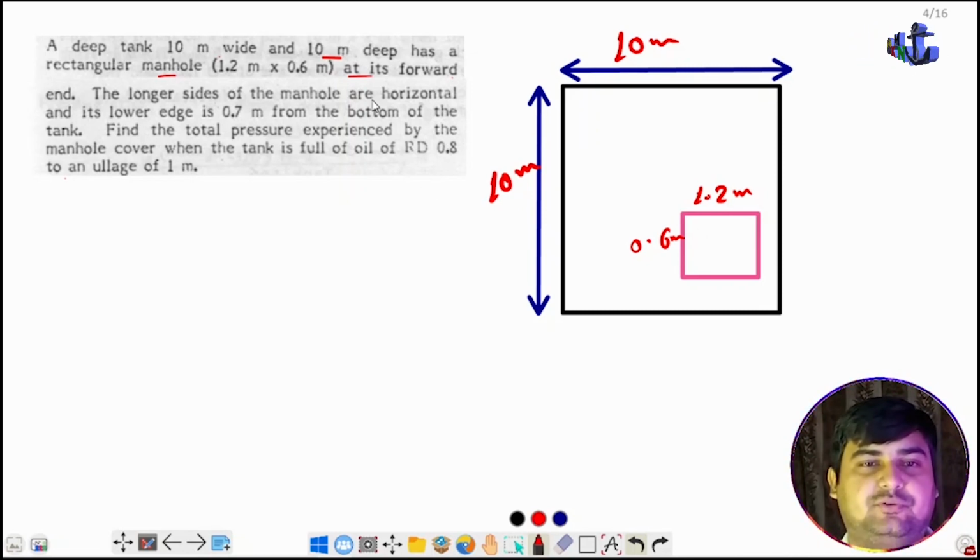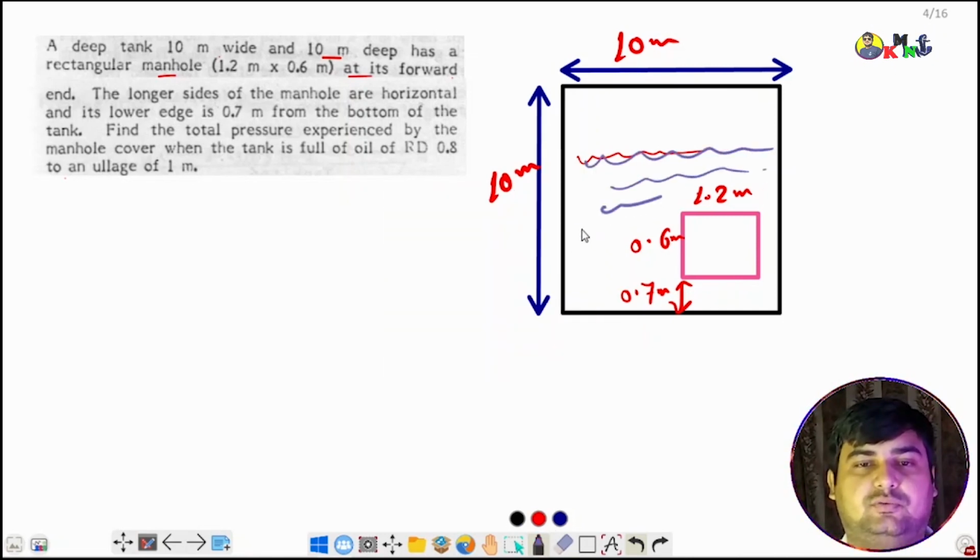The longer sides of the manhole are horizontal and its lower edge is 0.7 meters from the bottom. So this height is 0.7 meters from the bottom of the tank. Find the total pressure experienced by the manhole cover when the tank is full of oil of RD 0.8.